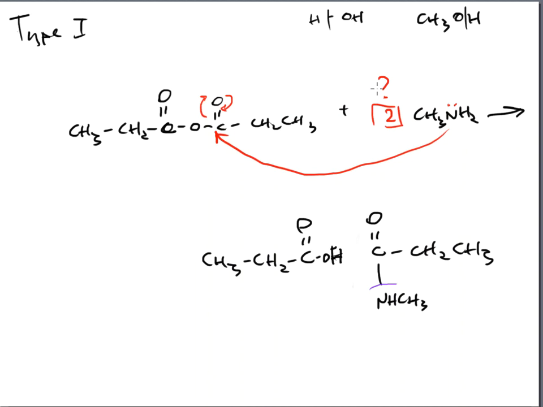So kind of think about the product that we're forming, and that will tell you whether or not we need to do this. So with this particular type of reaction, an acid anhydride with an amine group, to make an amide, right? This is my structure of the amide.